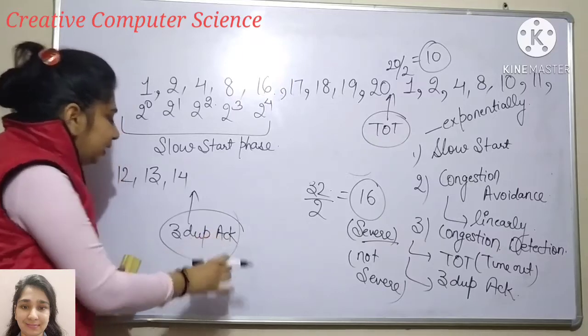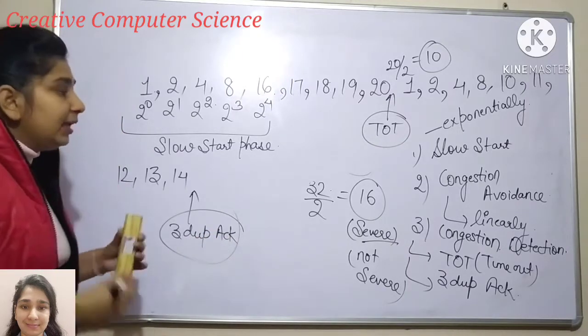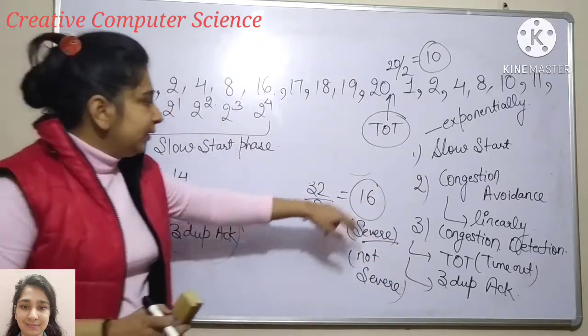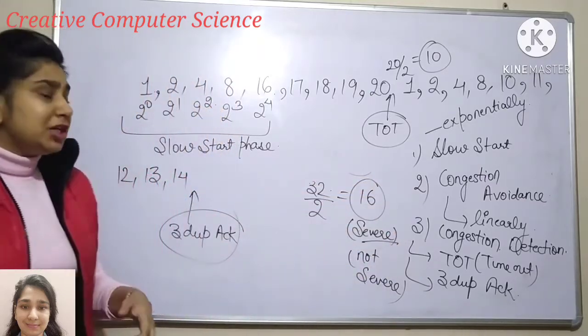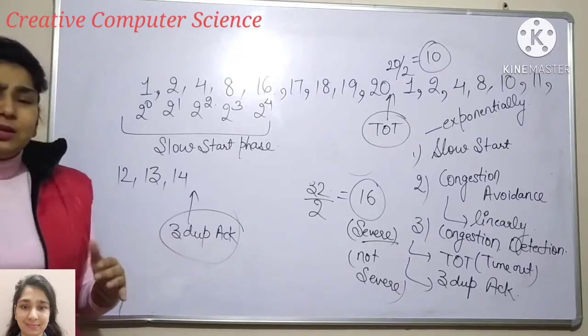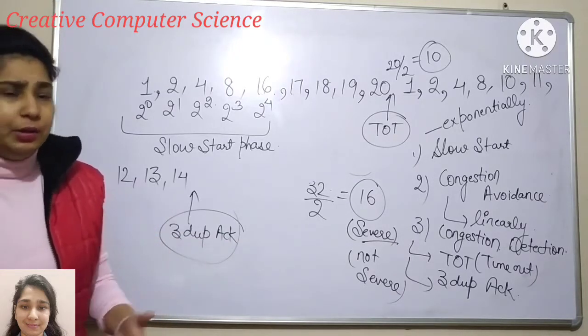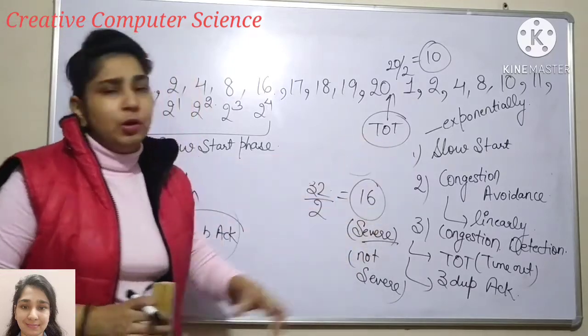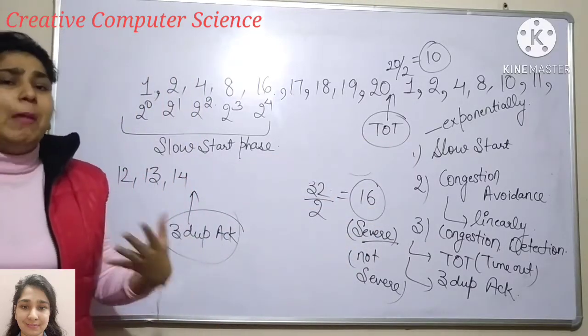If you get 3 duplicate acknowledgements, you will move directly to step number 2, the congestion avoidance, because this congestion is not very critical. You don't need to start from 1 like we did in the timeout timer. The congestion is very mild.